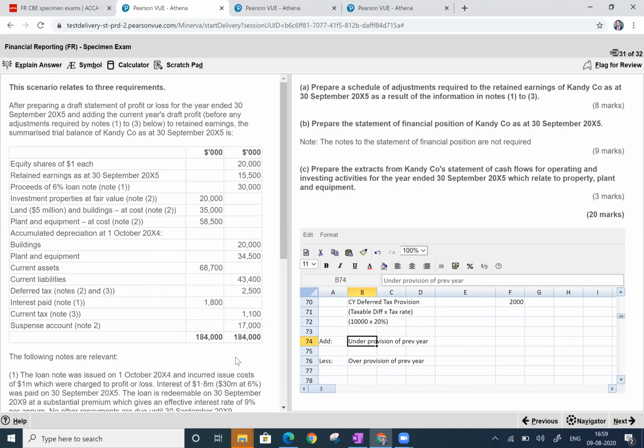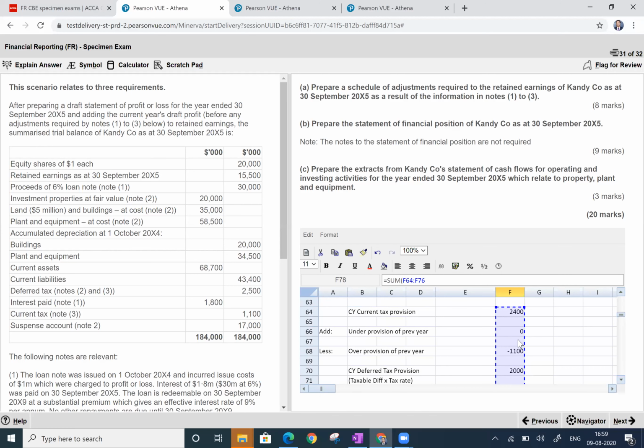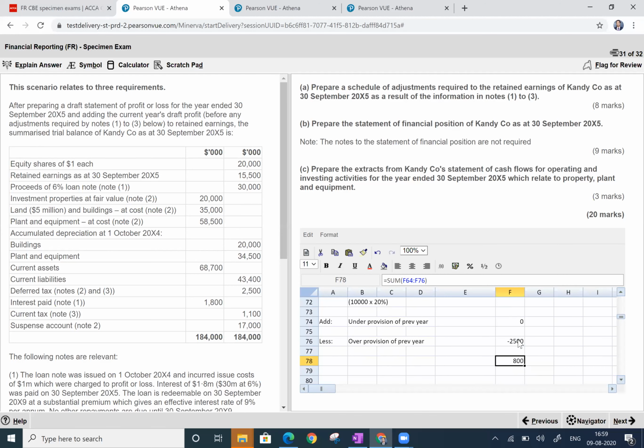Is there anything given? Yes, deferred tax 2,500 credit. It means over provision. Credit means over provision and debit means under provision. Sum. So 800 is tax charge in SOPL.